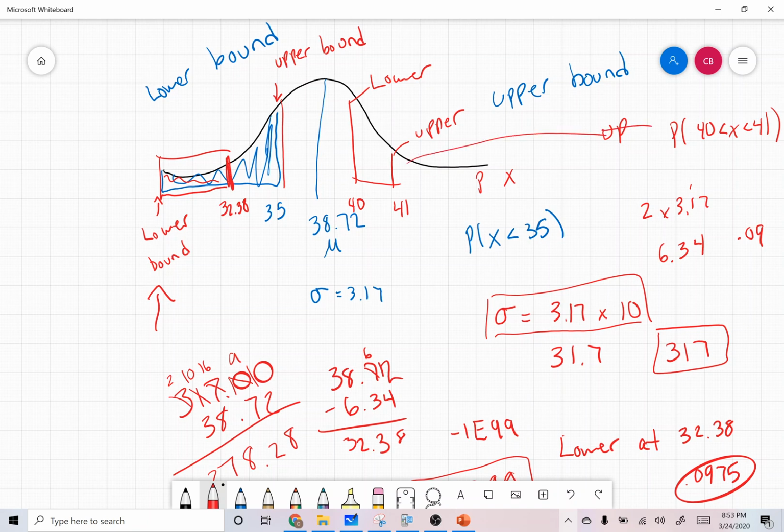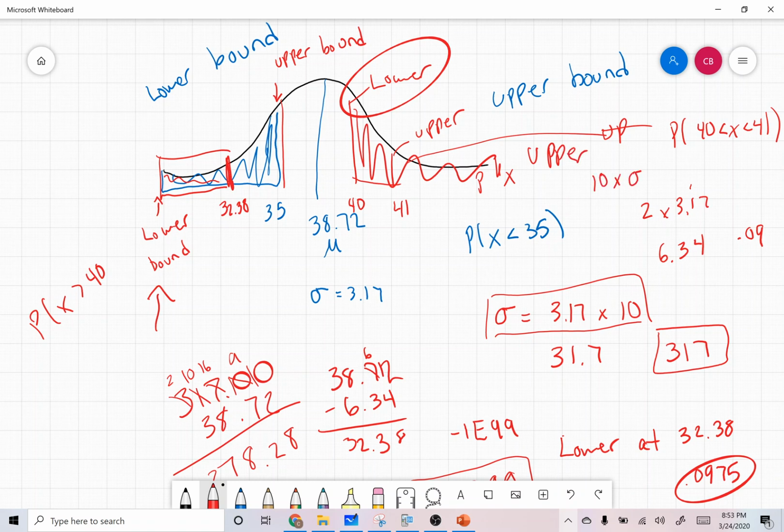And then obviously you can have the probability that x is greater than 40, which would be here. In that case, this is the lower, and the upper should be 10 times sigma added to the mean. That will give you the upper boundary just to make sure that you get all the values to the right.